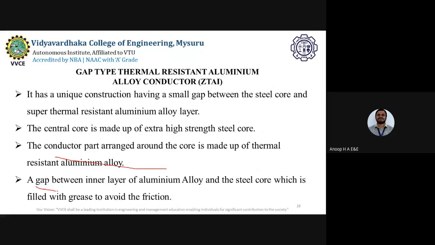A gap is provided in the inner core just to have this filling of grease to avoid the friction. So you might come to know why we need some small gap present there, to have a better current carrying capacity.